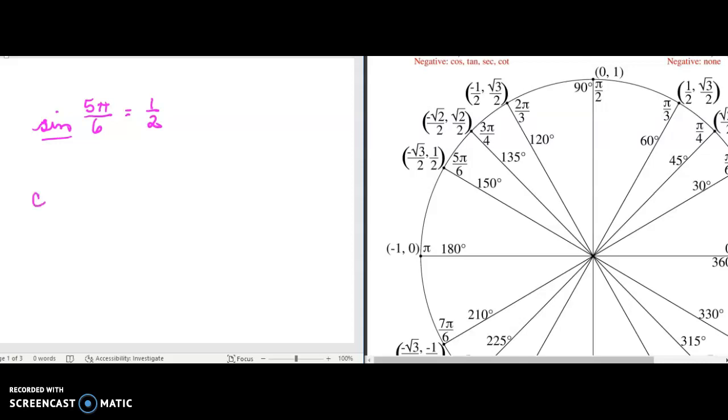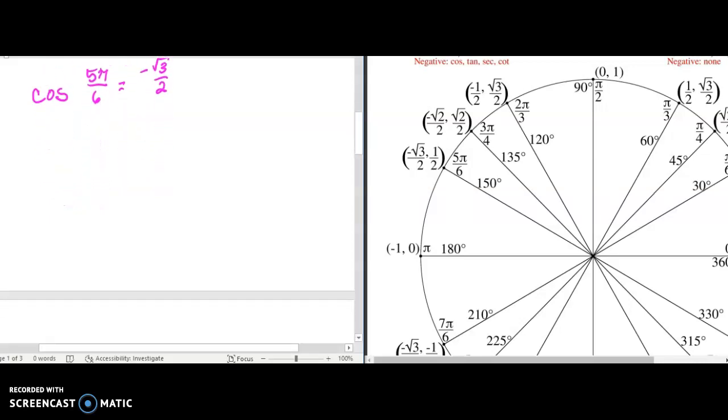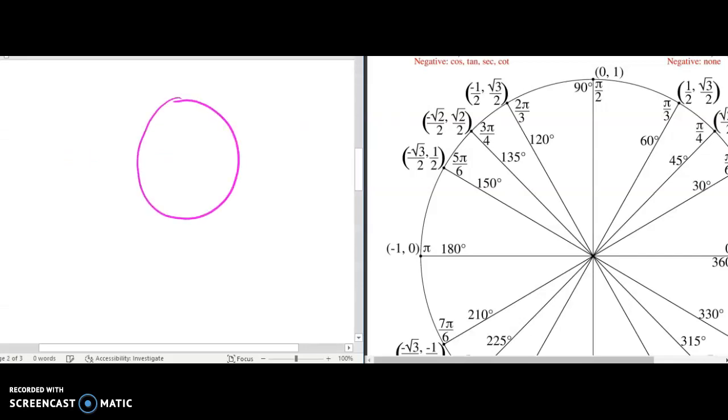If I said, well, what's the cosine of the same angle, 5 pi over 6? The cosine is the x value. So we would say negative square root of 3 over 2. All right. The last thing we need to talk about are the tangent values. And I can give the tangent values to you for each angle.